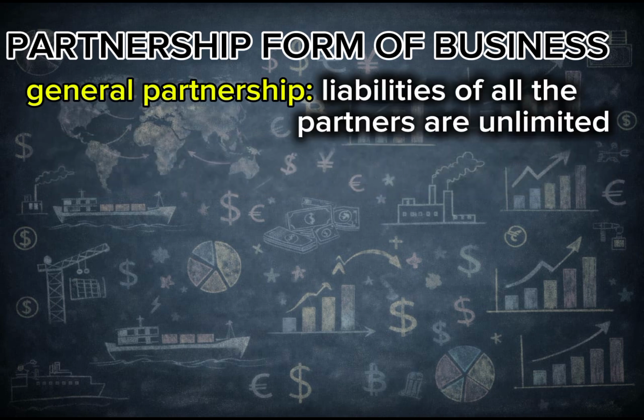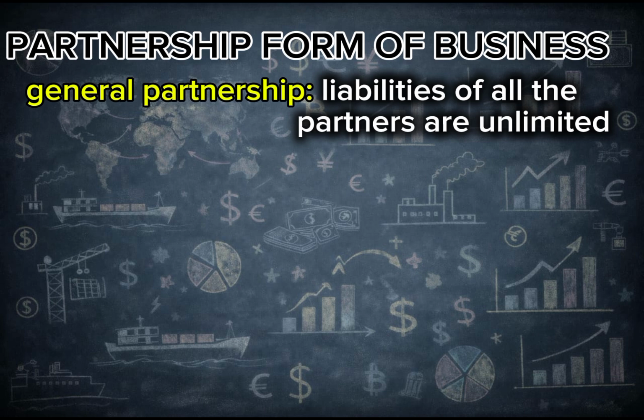This type of partnership, where all partners are equally liable for the debts and liability of the business, is called a general partnership, in which all members, all owners are liable for the debts and liabilities of the partnership.